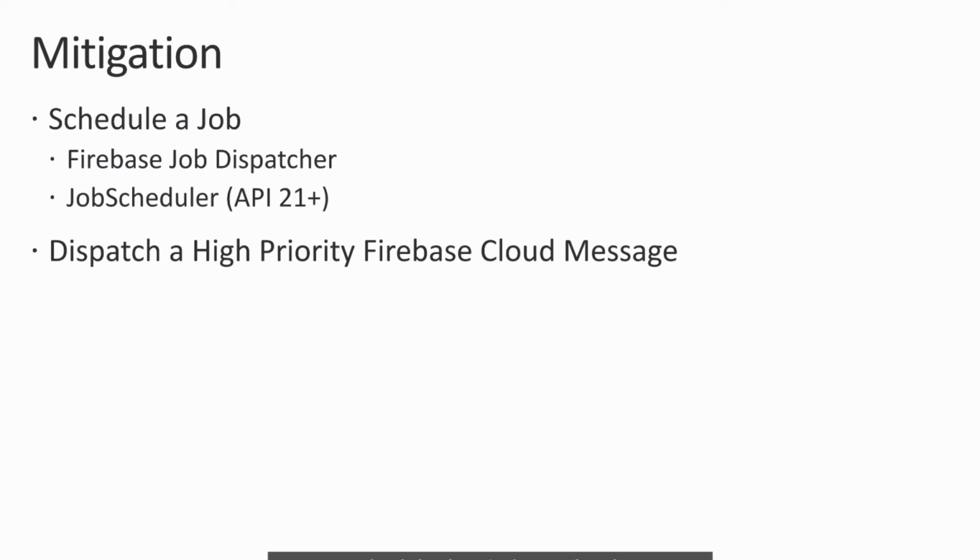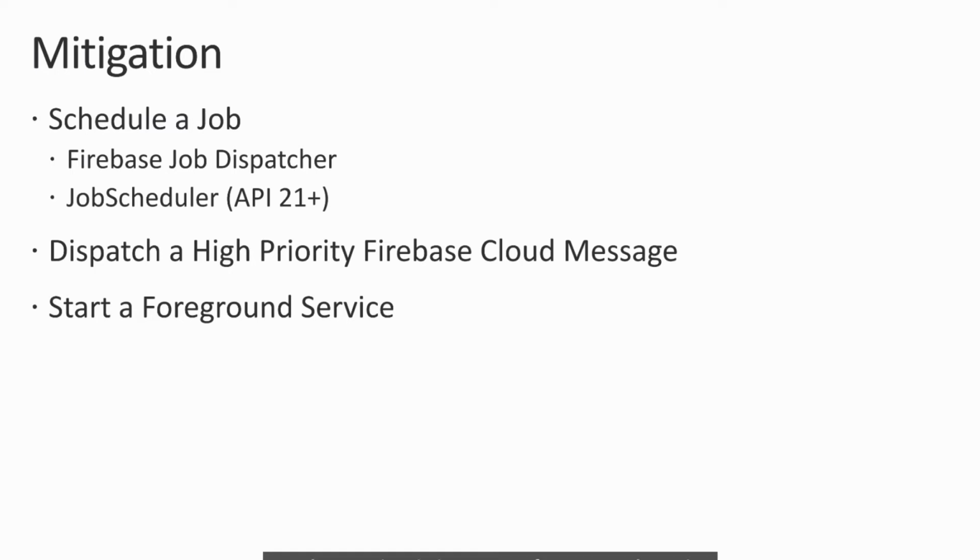You can schedule a Firebase Cloud message to come in at a later date and time, and when that message comes, your app will be allowed to wake up and perform some background work. However, don't abuse this. I can see that if everyone starts doing this, Google might turn around and say, you know what? This is getting out of control. We're clamping down on this again. So it's one technique. Use sparingly.